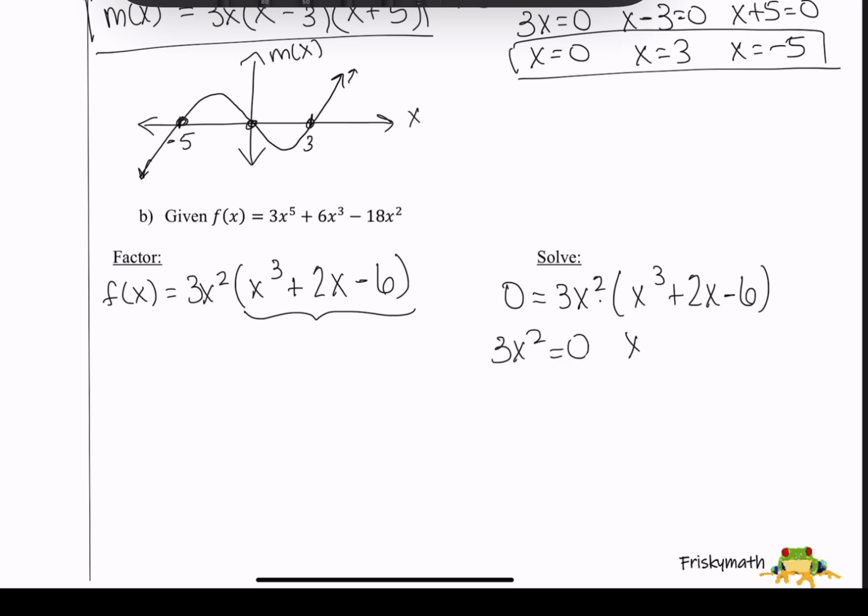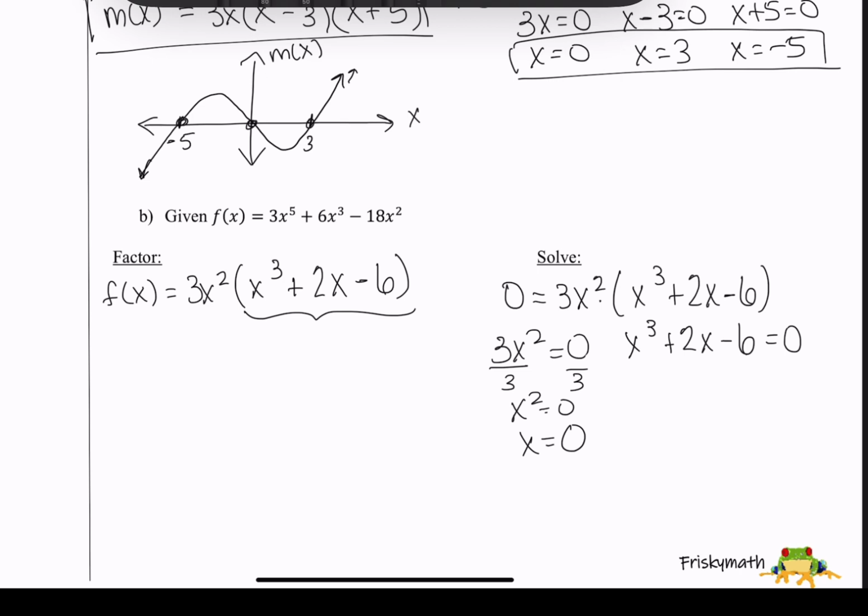Now this root, which is a cubic root, at this point we don't have enough tools to solve it, but eventually we will in the near future. So right now I can say to myself, if I divide both sides by 3, I get x squared equals 0. I know in fact that one of my x-intercepts is 0. I probably already knew that because that was also my constant, so that was going to be my y-intercept.